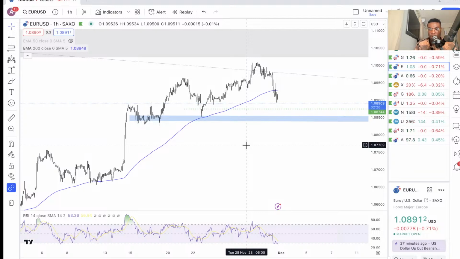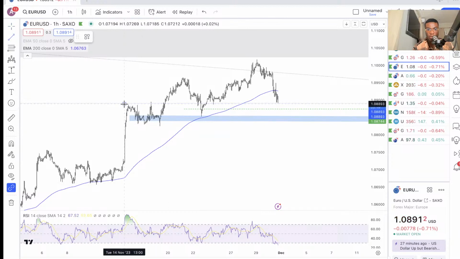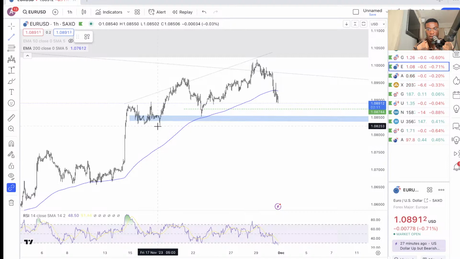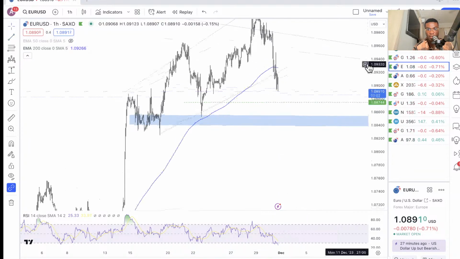Desi is saying EURUSD in parallel channel in 1 hour time frame. So I believe you're talking about connecting this and this, but I'm not really going to extend this because we've had a reaction already.